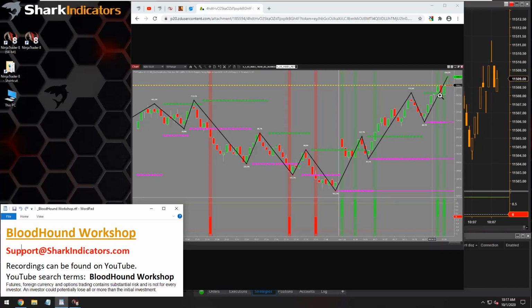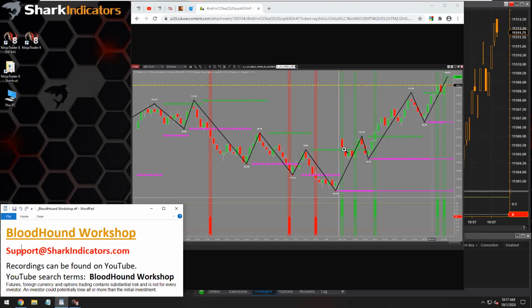Thomas, I'm going to give you the short answer here. The problem is your reset signals are generating signals when price crosses the swing point line. When price crosses that line, you're resetting your signal blocker. But what you need to do is reset the signal blocker when a new swing high is created.